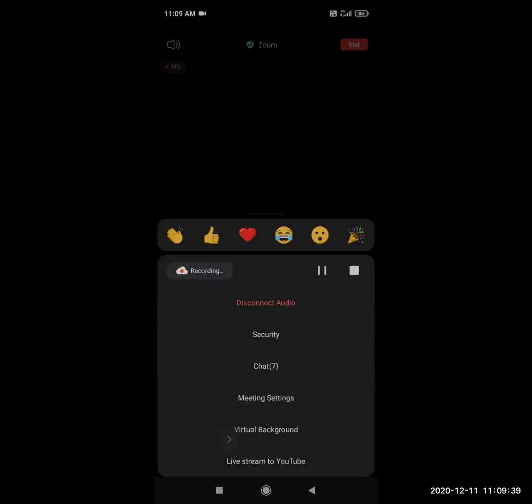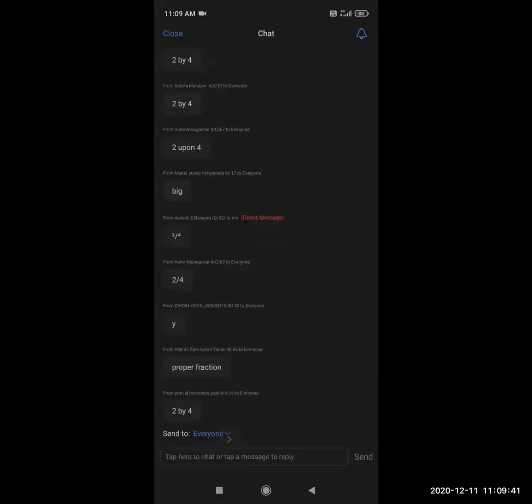Yes, it's a proper fraction. Which type of fraction is it? Improper? No, it's a proper fraction. Only one student answered. Others are only telling colored part and not colored part. But what is the concept? It's a proper fraction. Clear? Very nice. Good.